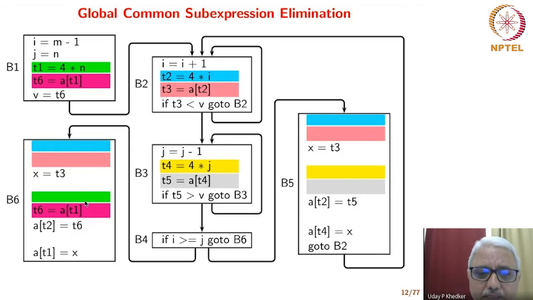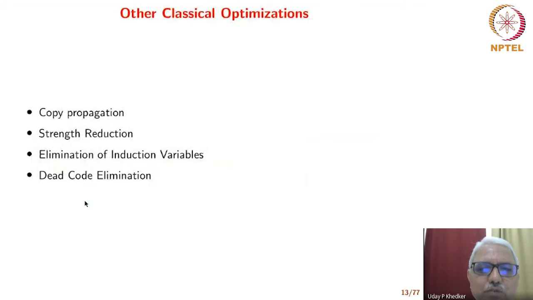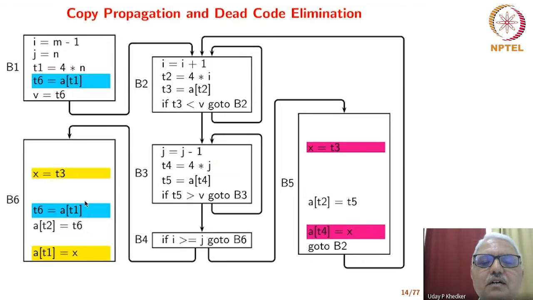But there are further optimizations which are enabled by data flow analysis. Let's spend a bit of time on them. We're talking about copy propagation, strength reduction, elimination of induction variables, and dead code elimination. So let's look at the program still more carefully.